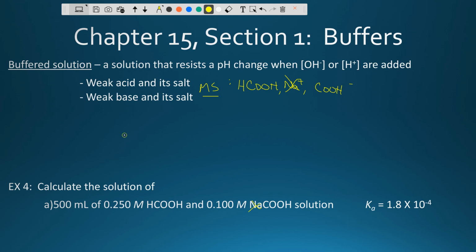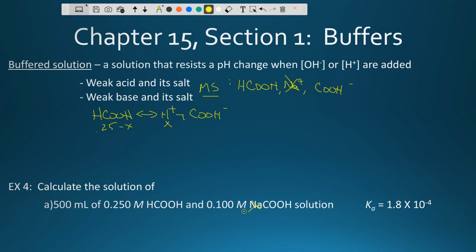Okay, so the first part, we're going to be taking a look at this, and we see that my acid is going to dissociate into the hydrogen ions and the COOH. And we started with a 0.25 molar solution. And let's see, it's going to be losing, and so this is going to gain.